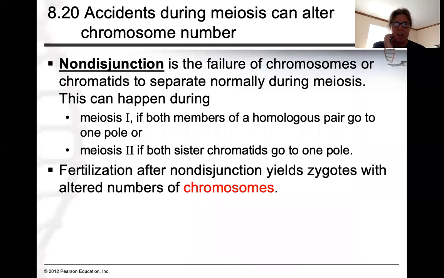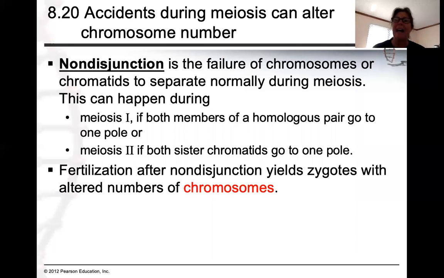So non-disjunction is the failure of the chromosomes. It could be either the homologous chromosomes, we don't have a good divorce, they stay together, or the sisters do not separate. So we could have non-disjunction in meiosis 1 or meiosis 2.